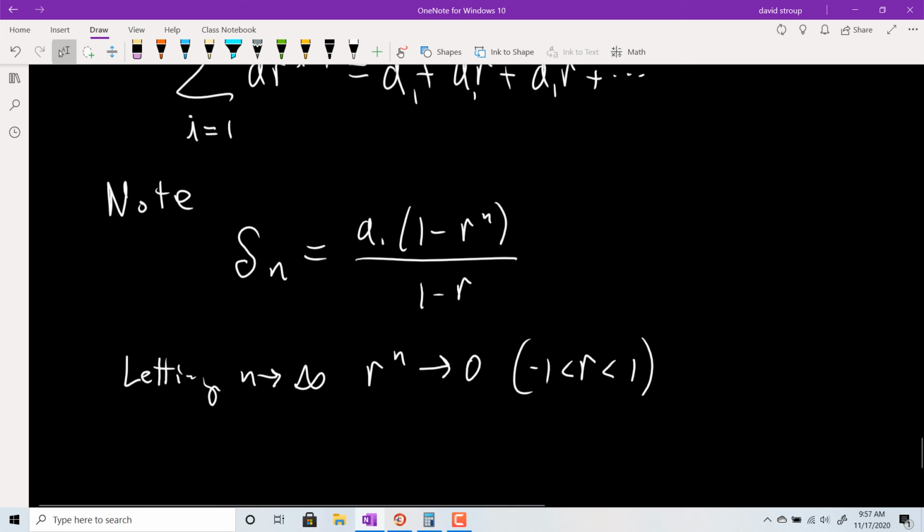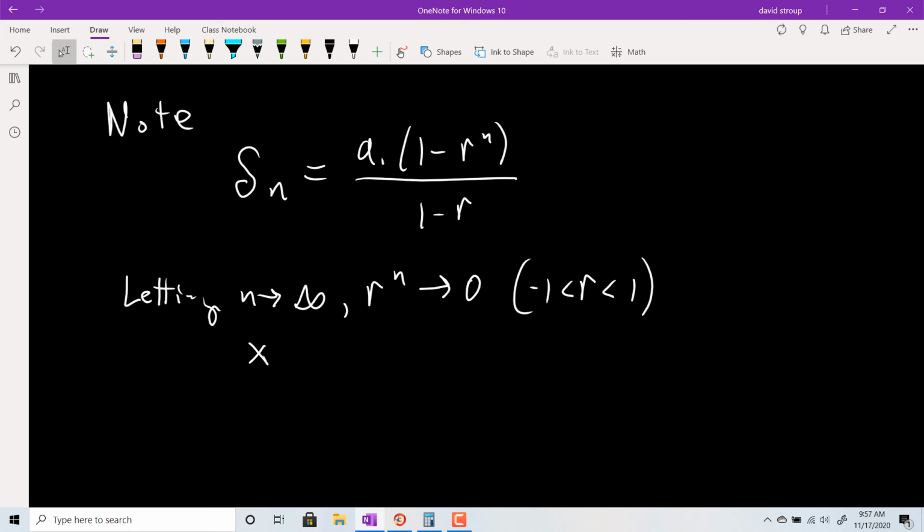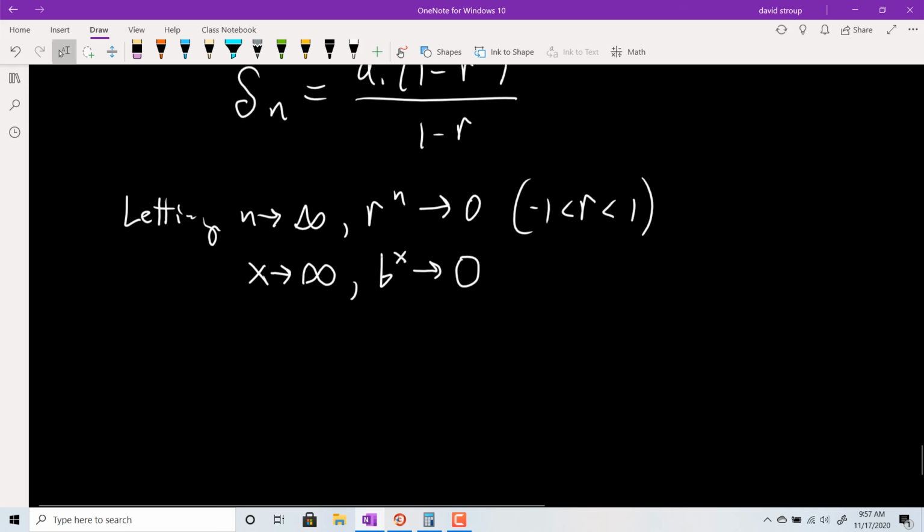So what does that mean? If you think back to when we were dealing with functions of real numbers, saying something like x goes to infinity in b to the x. X going to infinity causes b to the x to go to 0. B to the x is an exponential function, right?